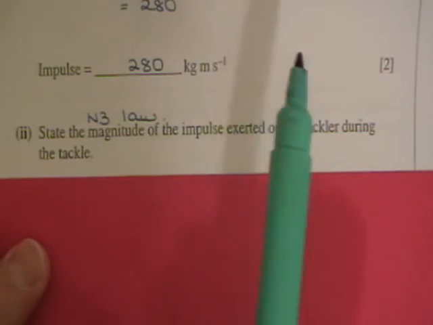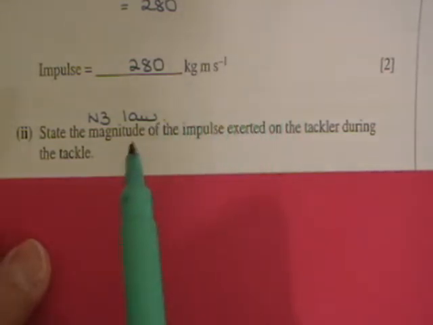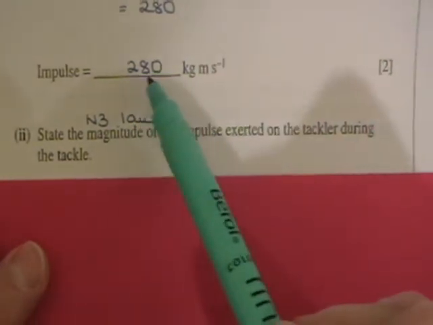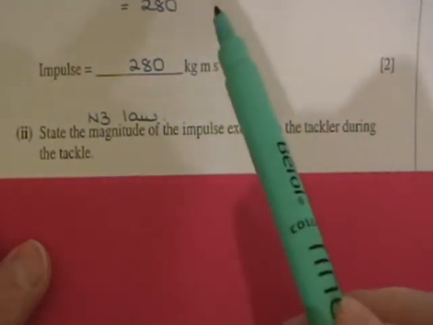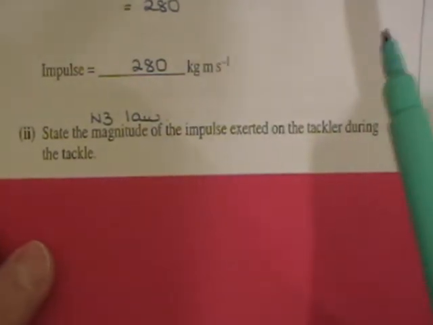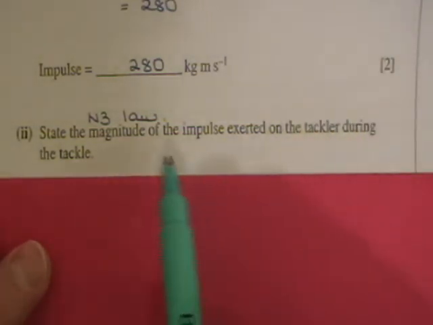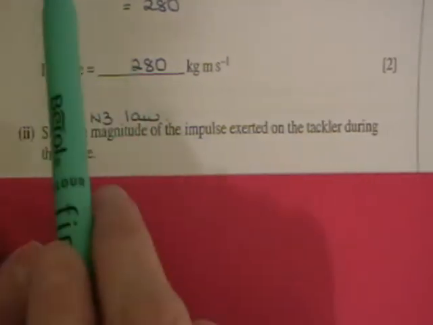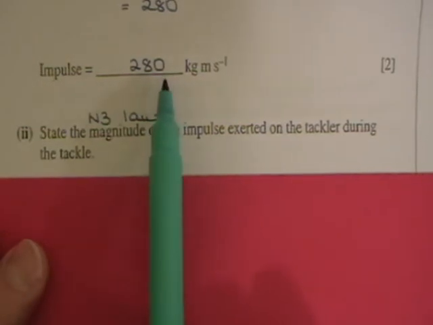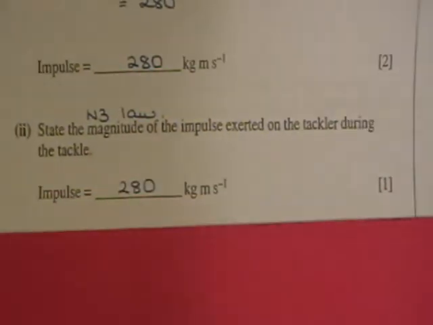If the tackler exerts a force on the fullback, then the fullback exerts an equal but opposite force on the tackler, and the time they exert the force on each other is exactly the same. Whatever impulse you calculate for the fullback is the same as the impulse on the tackler.